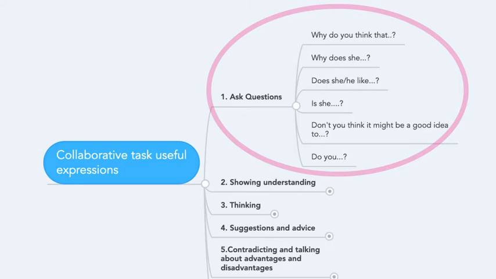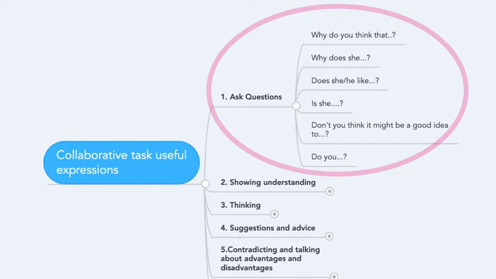If they do something and the examiner doesn't agree, you could ask, why does she, does he, is he? Remember to ask questions not only about the examiner, but if they're talking about a third person, ask questions about this third person.